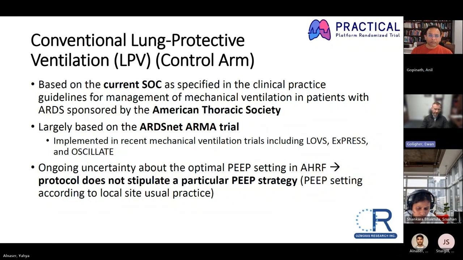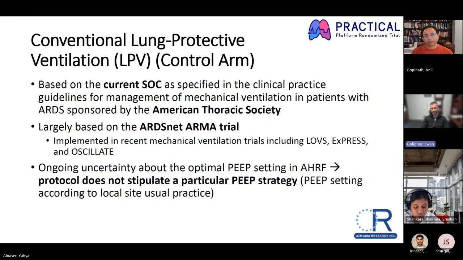The protocol is basically designed on the ARDSNet ARMA trial with a few slight modifications based on the way things were done more recently. And I would emphasize that we don't actually specify a PEEP titration strategy in this arm. We would invite you to use your usual site practice.